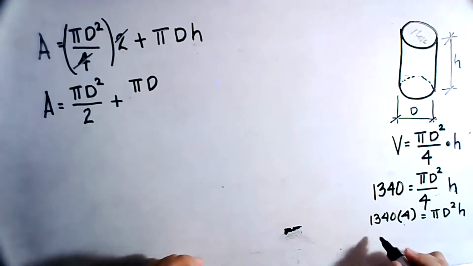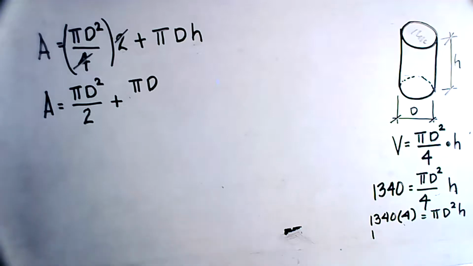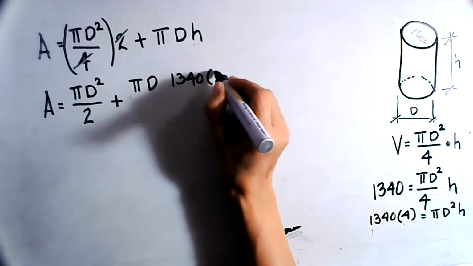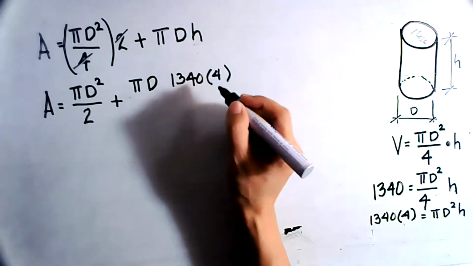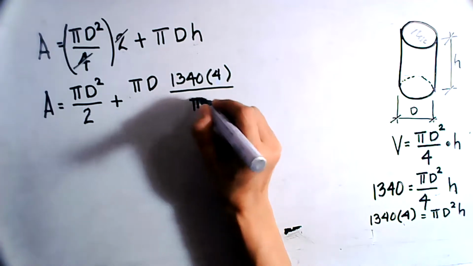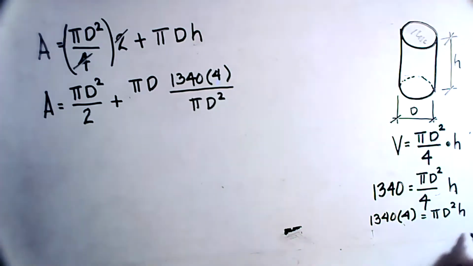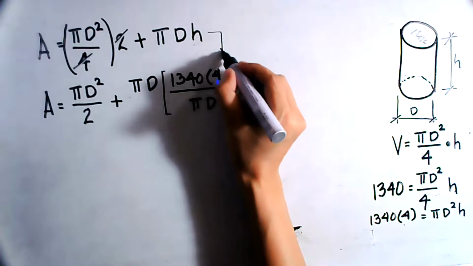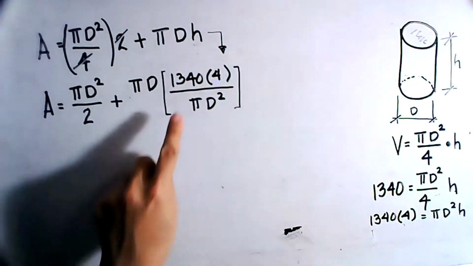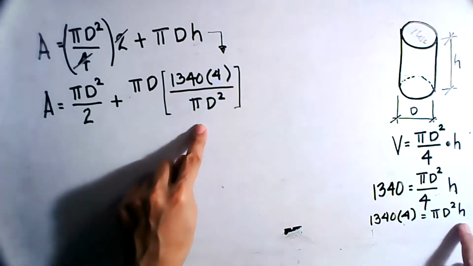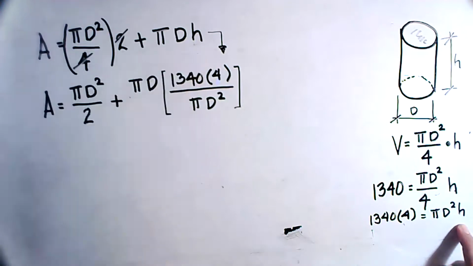And that would give us 1,340 times 4 all over pi d squared. So that is how we express the value of h in terms of d. So 1,340 times 4 divided by pi d squared is equal to the value for h.